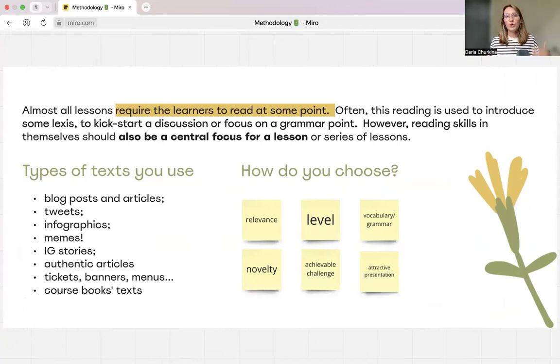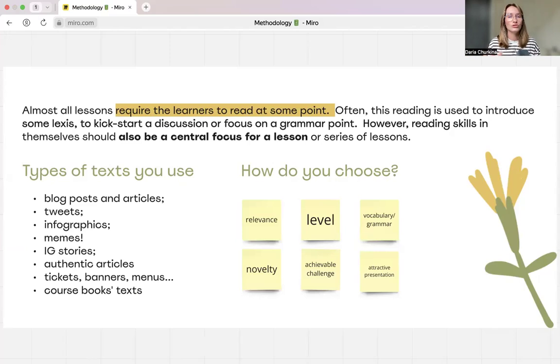But sometimes we also build the whole lesson around reading in order to develop our students' reading skills. No matter what the purpose, we use different types of texts, such as blog posts, articles, tweets, infographics, memes, by the way, Instagram stories, authentic articles, tickets, banners, menus, course books, of course. So these are all the texts that we can use.